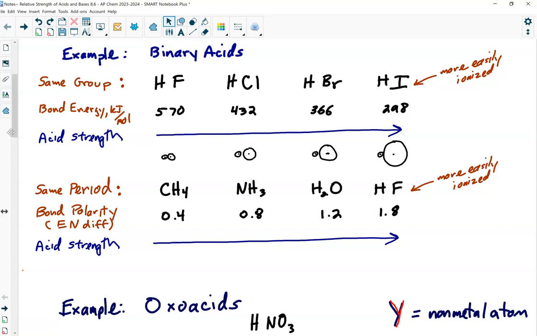In these, for this particular thing, you're looking at hydrogen bonded to elements in the same group, like HF, HCl, or you could say H2O, H2S, H2Se, H2Te. It would have the same relationship, right? And NH3, PH3, AsH3, you could find this relationship, right?